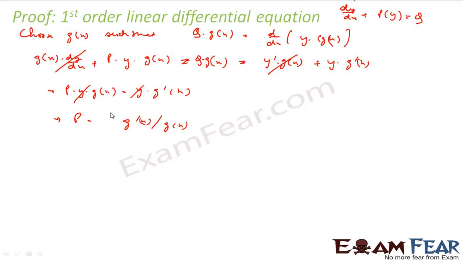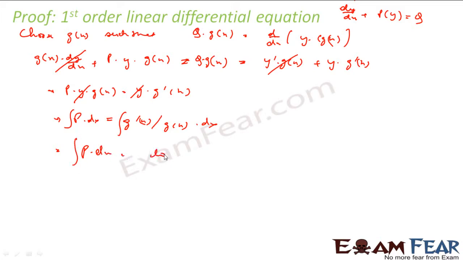Correct? So now let's integrate both sides with respect to x. So what you get is integration of g dash x by g(x) dx. You integrate this guy, right? This guy becomes P into dx anyway.